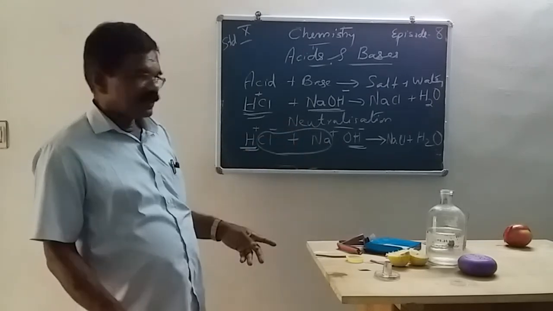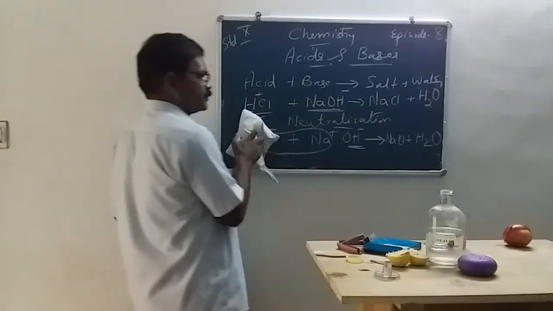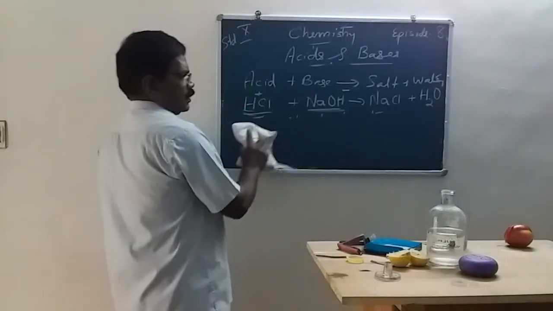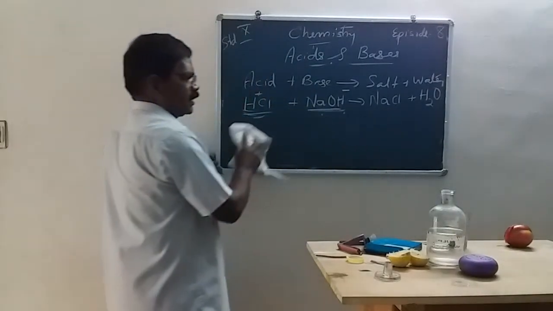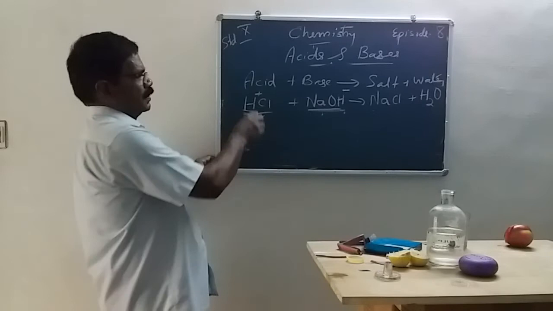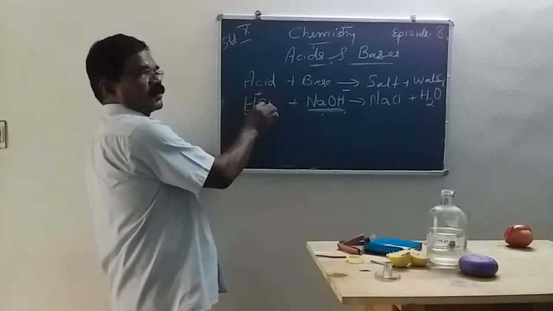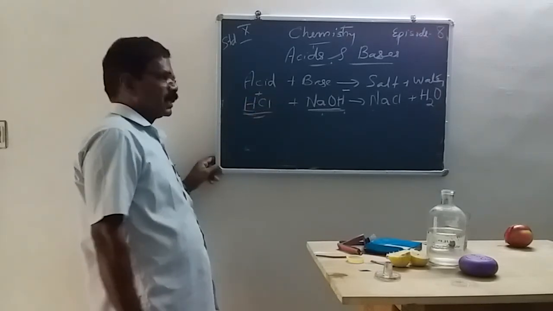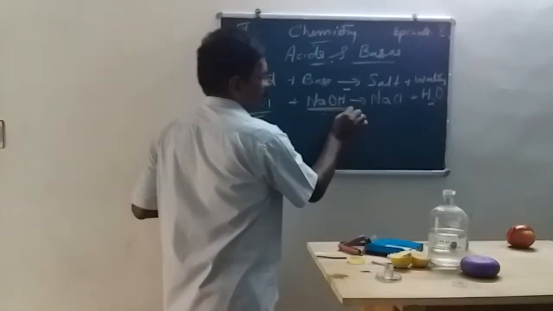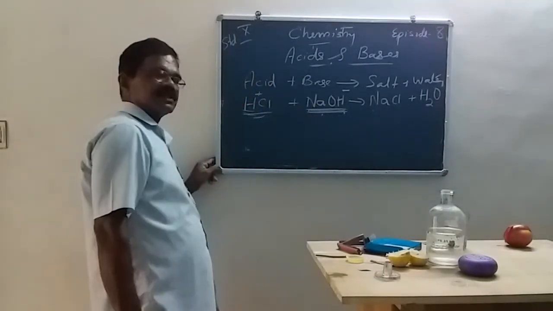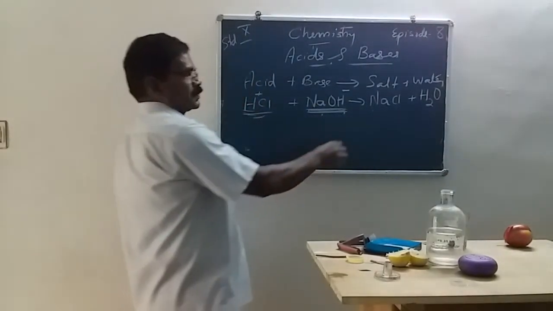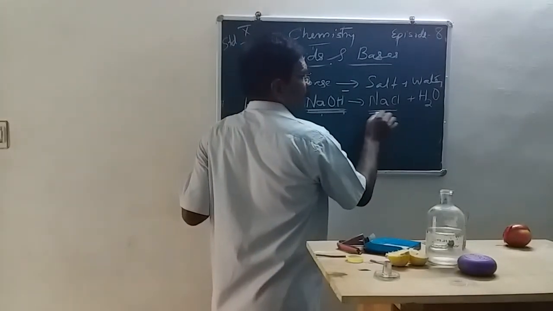Then, you have to know a little more about the salt formed. Hydrochloric acid is a strong acid and sodium hydroxide is a strong base, so the product, sodium chloride, is neutral.